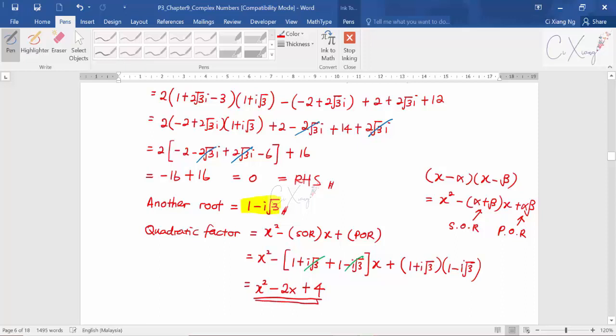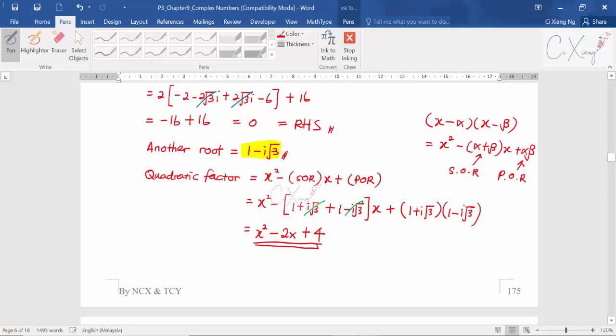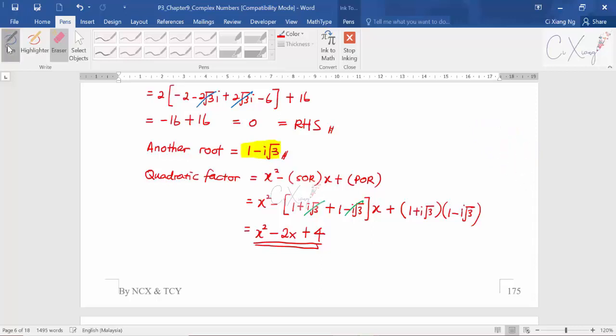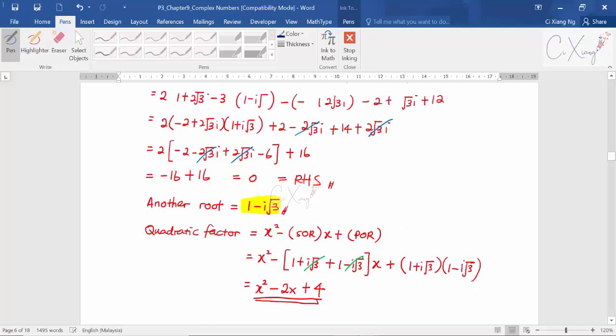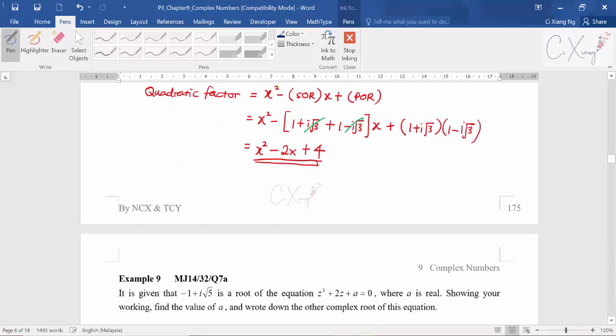And after that, once you have the quadratic factor and you also have the polynomial already, to get the real root what you need to do is apply the long division. So maybe I will continue at the bottom.